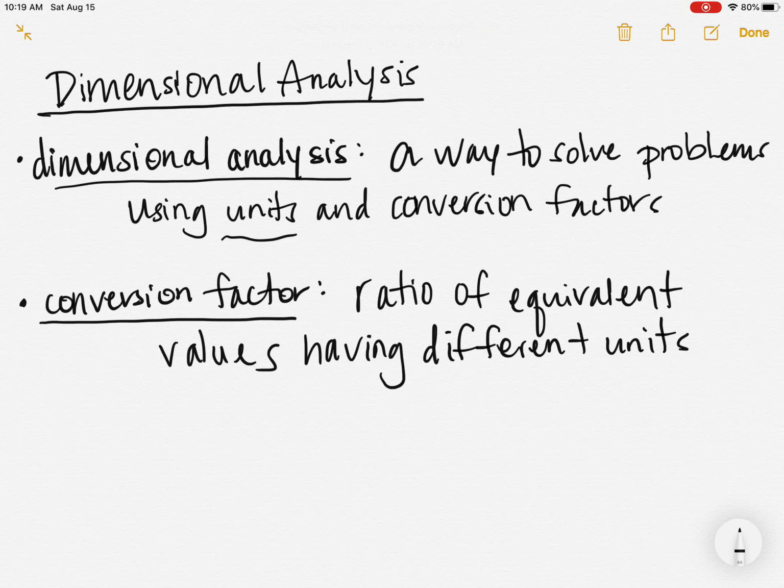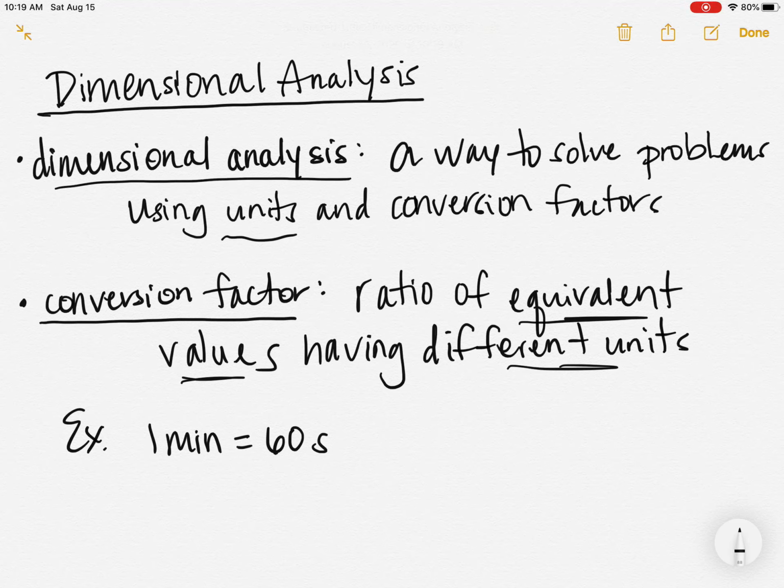An example of a conversion factor might be that 1 minute is equal to 60 seconds. This fits the definition of a conversion factor because it's a ratio of equivalent values, but they have different units. Equivalent values, of course, means that 1 minute is equal to 60 seconds, but the units are different, right? Minute and second.